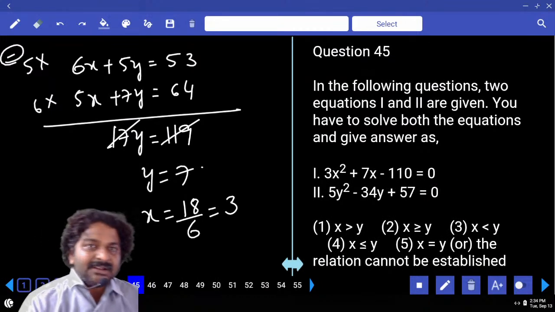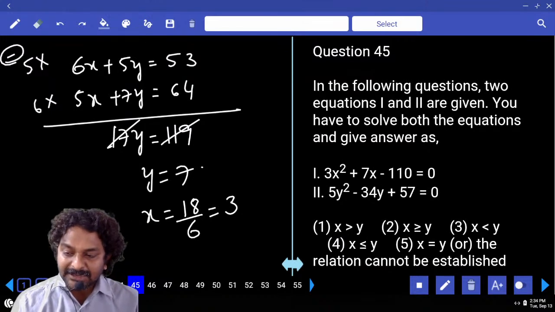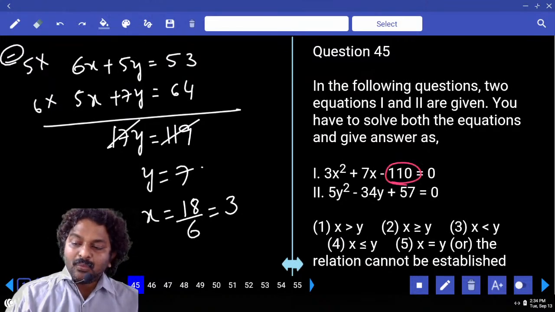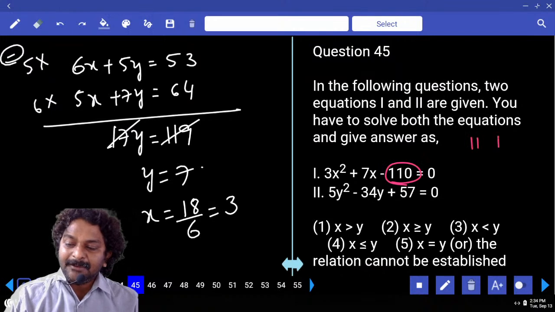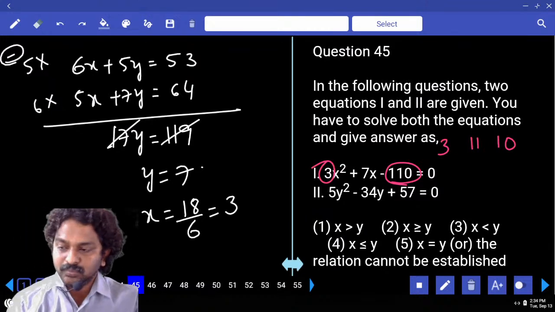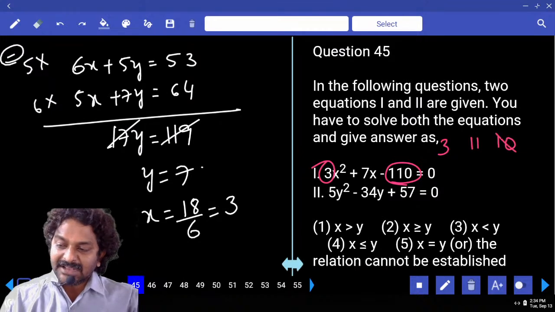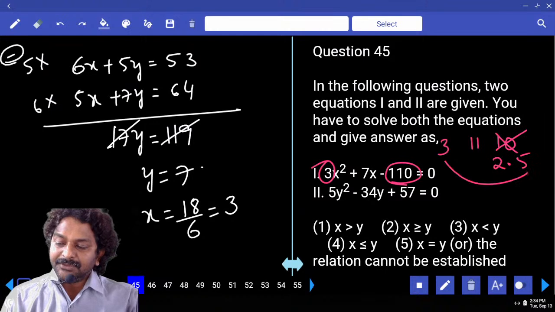Is it a free question? No, you have to calculate. 110 can be written as 11 into 10. Already we have 3 here. So what I'll do is change 10 as 2 into 5. 3 into 5 is 15, 11 into 2 is 22.